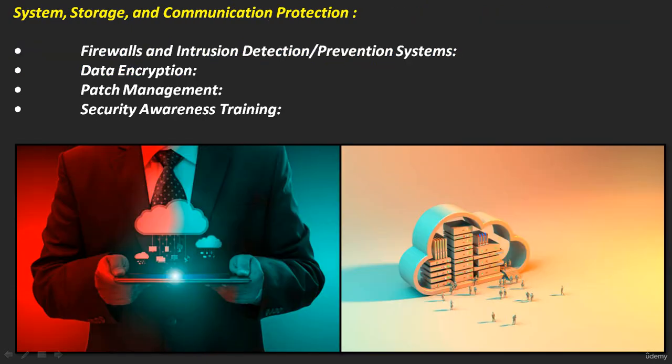First will be firewalls and intrusion detection or prevention systems. Implement these to safeguard your networks from unauthorized access and intrusion attempts. For data encryption, we need to use encryption protocols to protect your data both at rest and in transit, as I told. This ensures that even if data is compromised, it remains unreadable without the encryption keys.